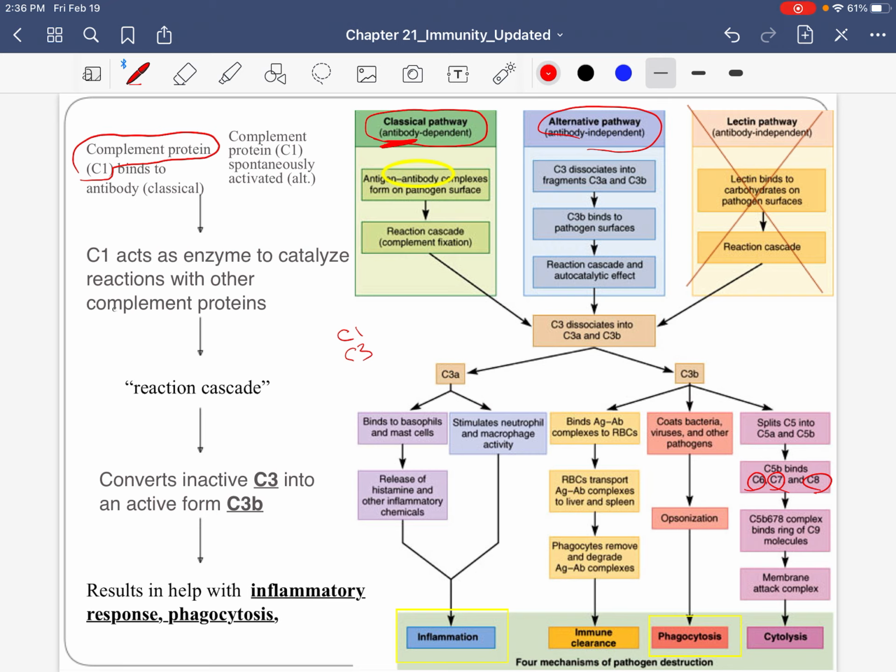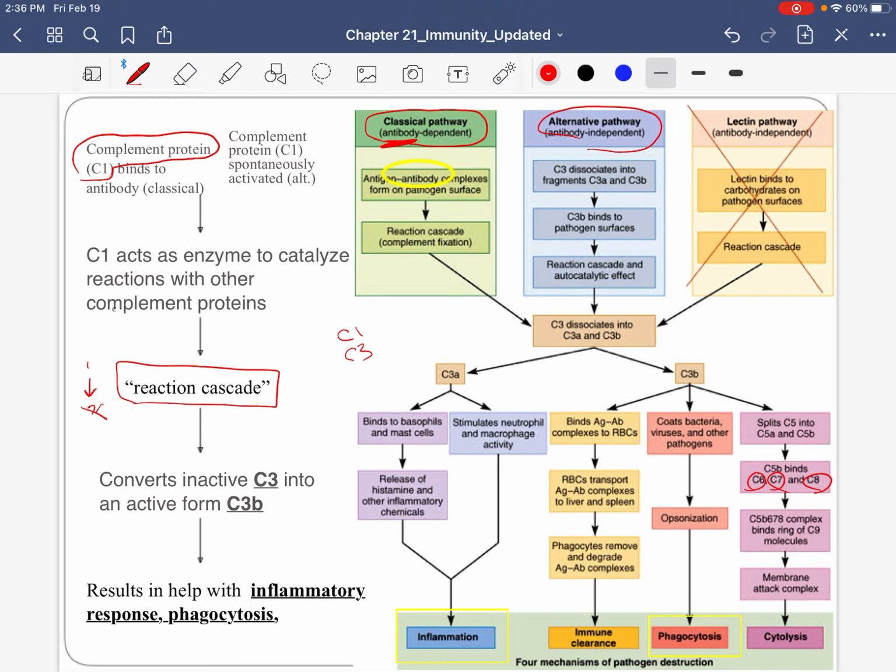They work together in a reaction cascade, which just means that we have one chemical reaction, and when that chemical reaction happens, it leads to a second chemical reaction, which then leads to this, which then leads to that. Like a set of dominoes, right? If one of these things doesn't happen, well then from there below doesn't happen either. It's like dominoes. If one domino doesn't fall over, then the rest of the dominoes aren't going to fall over.